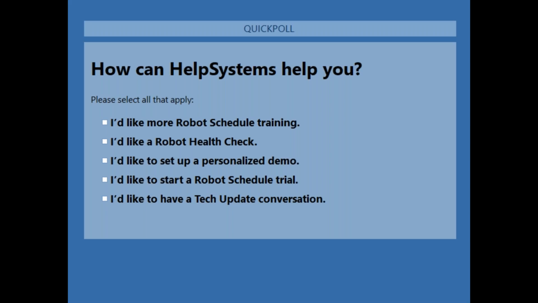David asked a question about the browser. There is a browser. You have to install the Insight technology on your Windows or Linux server and then define the rules, and then Robot Schedule will show up in there.